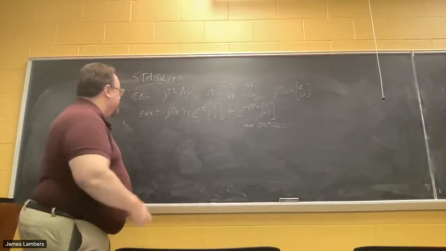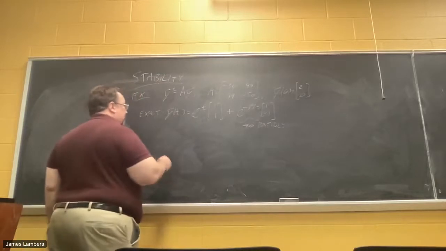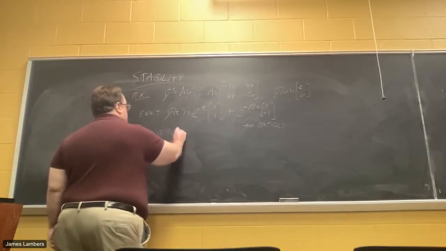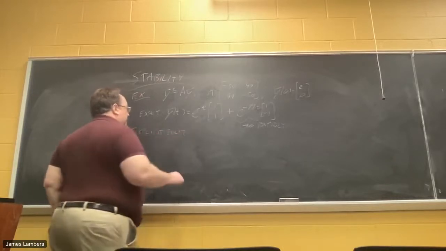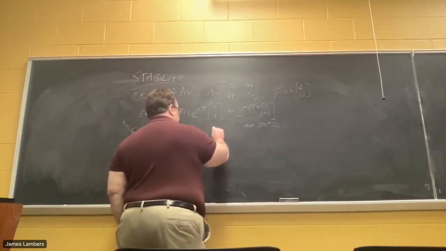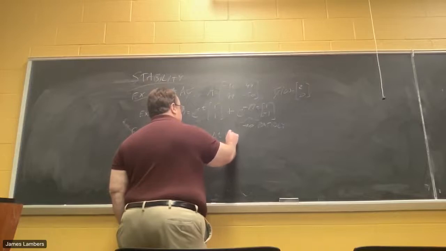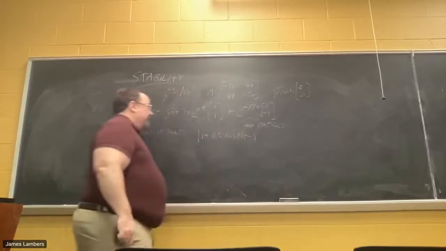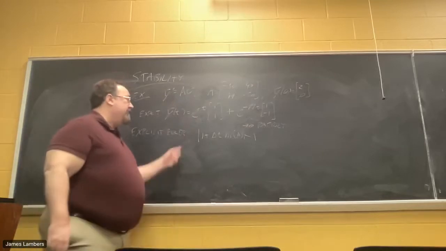So to give you an idea as to how bad it can be, if we're using explicit Euler, we have this condition that came about before, that the eigenvalues of A and delta t have to satisfy.